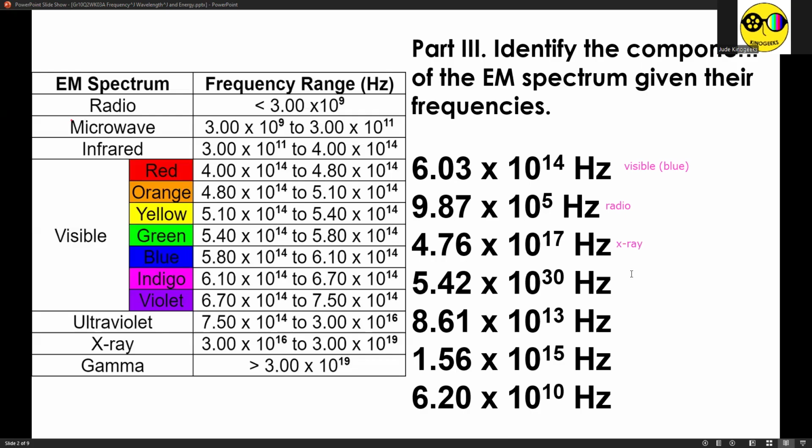So the exponent here is 30, and gamma has a frequency range greater than 3 times 10 raised to positive 19. So all numbers with an exponent of 19, as long as it has a coefficient of 3.00 times 10 raised to 19 and above, belong under gamma.